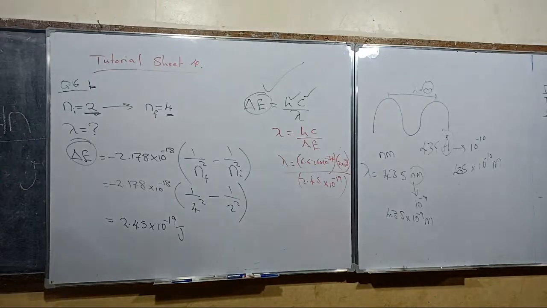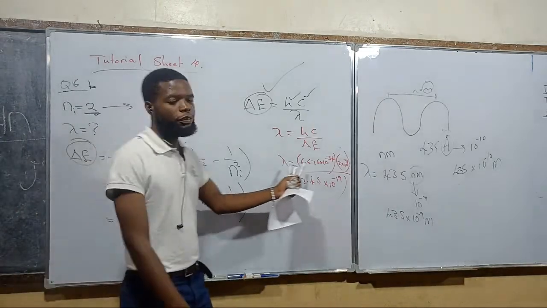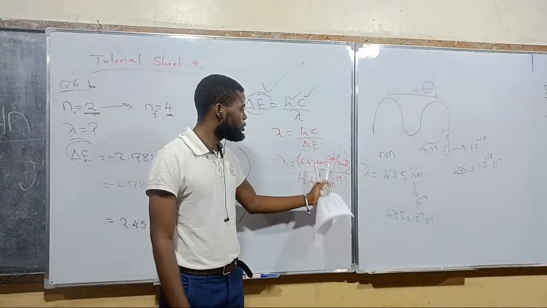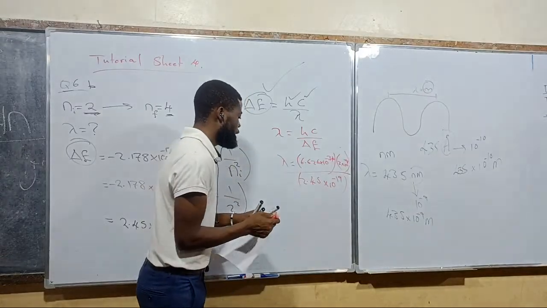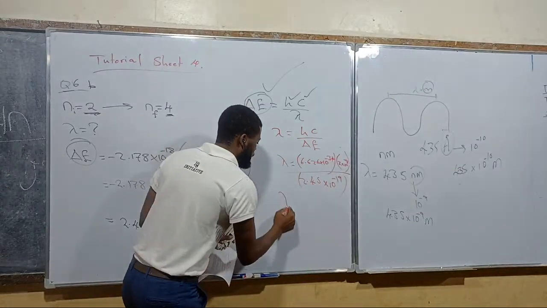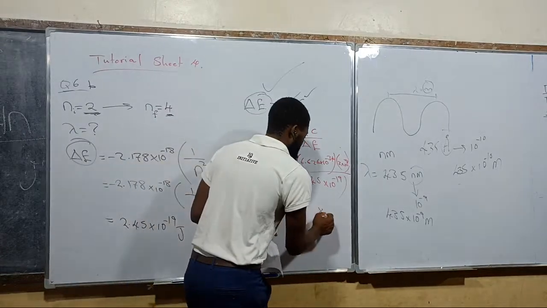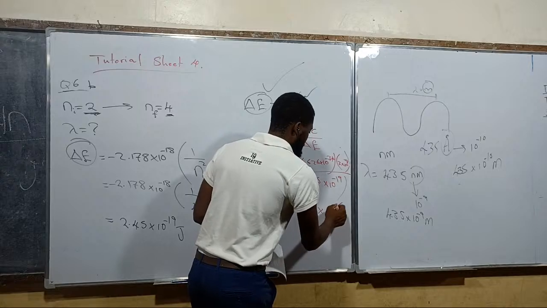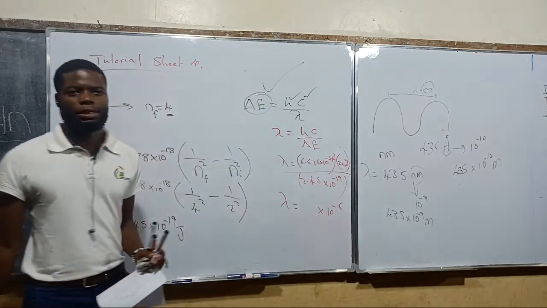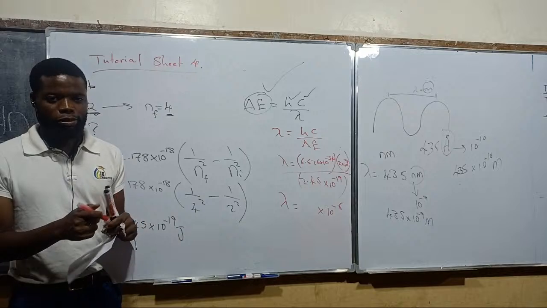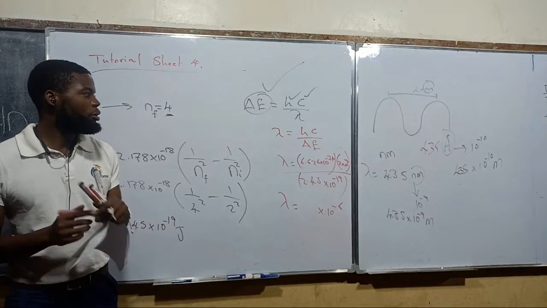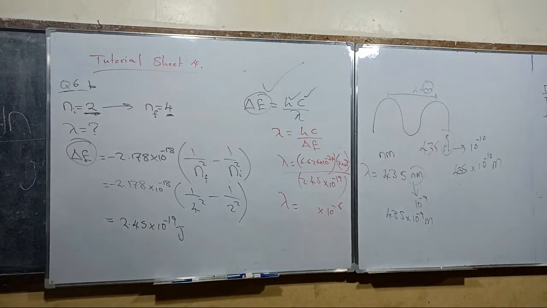After a series of calculations on the calculator, you will get the wavelength. If I remember correctly, the exponent was 10 to the power negative 6 somewhere there. So that's how you go about such a calculation using the formula.